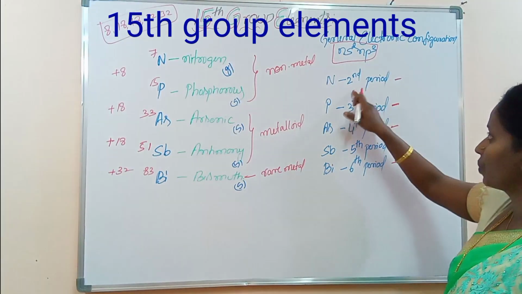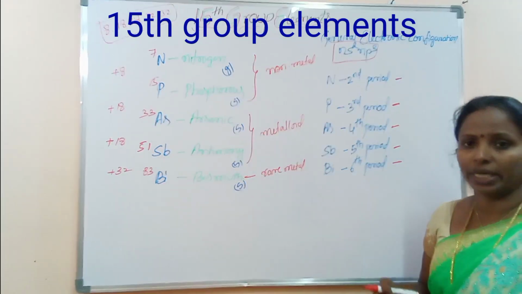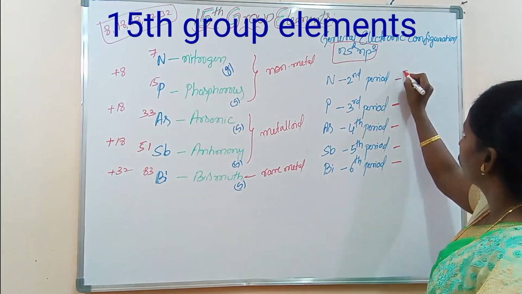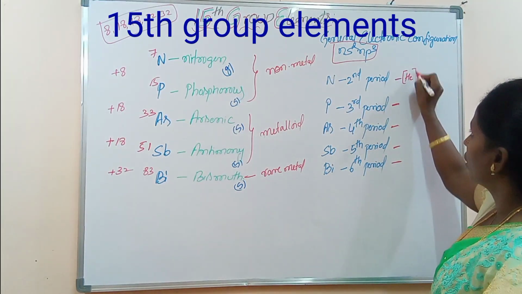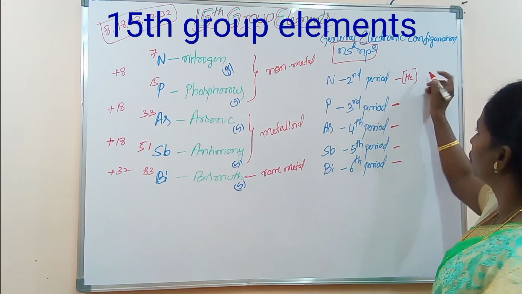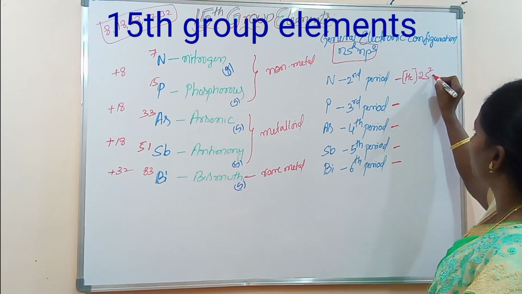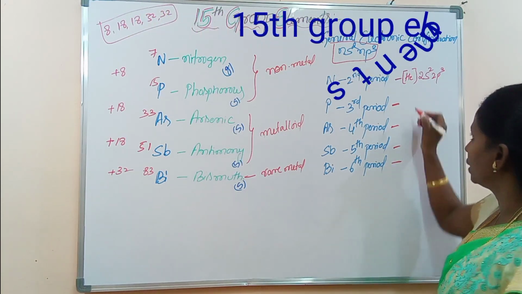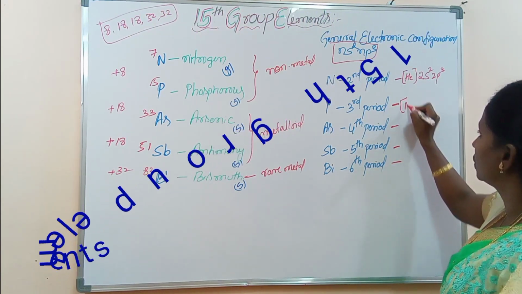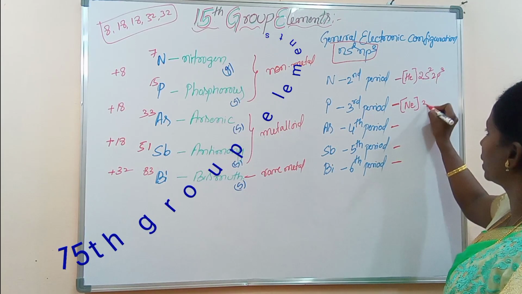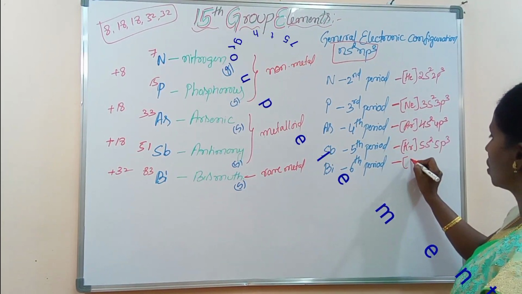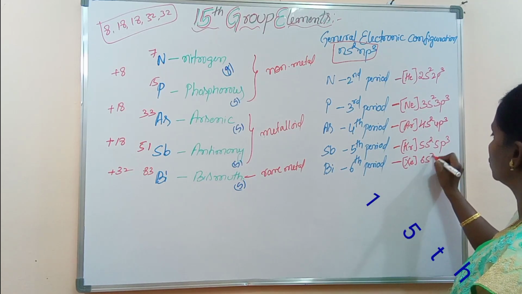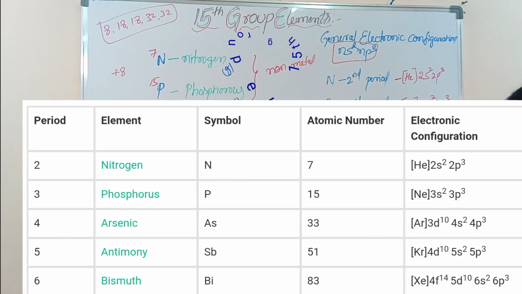Here the first noble gas is helium, then next neon. Helium followed by 2s2 2p3, then neon followed by 3s2 3p3, and so on up to xenon followed by 6s2 6p3.